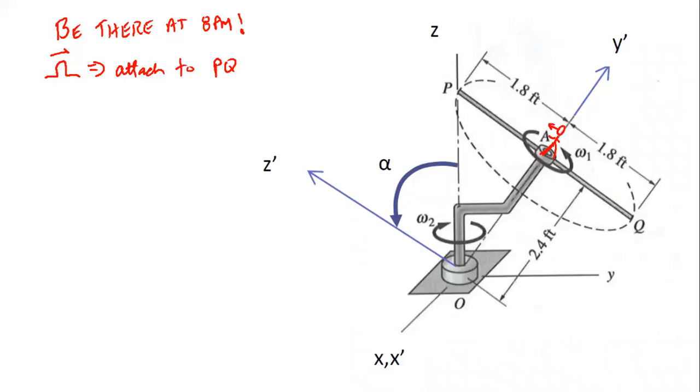No. But if I instead attach my axes to the single primes, which is really just riding around with this one and not spinning with omega 1, then will P-rel have a value? Yeah, it'll be kind of like a tangent. So at this instant in time, it would be going like that.